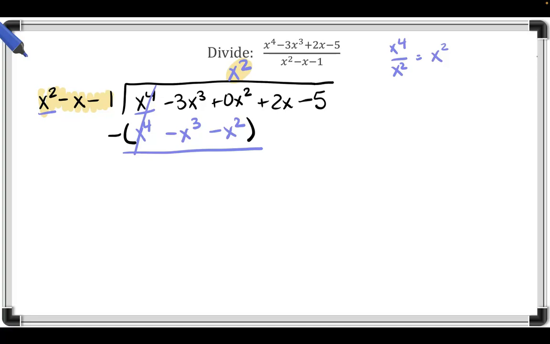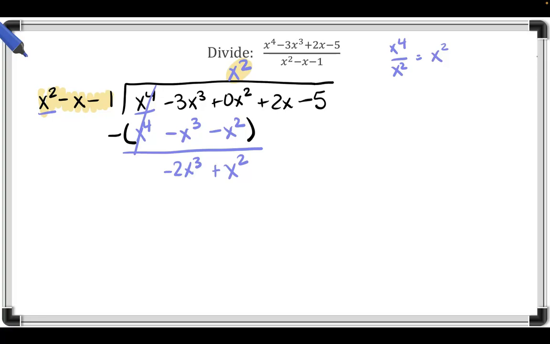And then I have negative 3 minus a negative 1, which is a negative 2x to the third. And then I have a 0 minus a negative x squared, which is going to be a positive x squared. So subtracting a negative is just like adding.